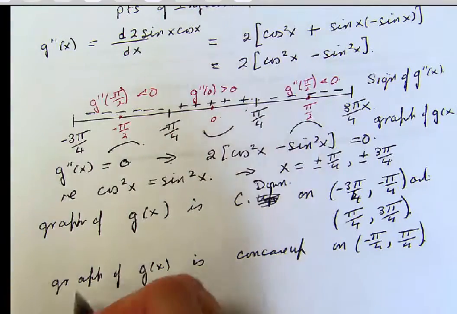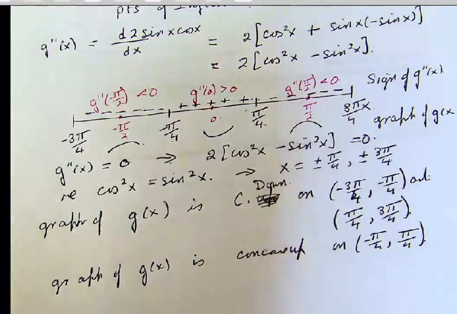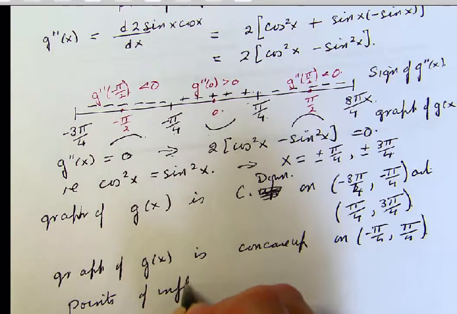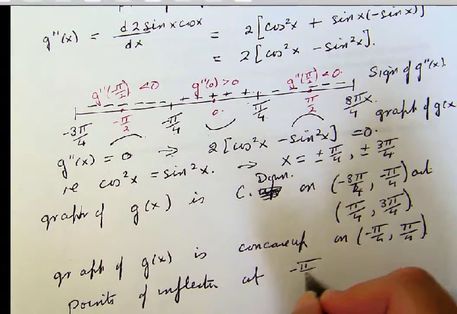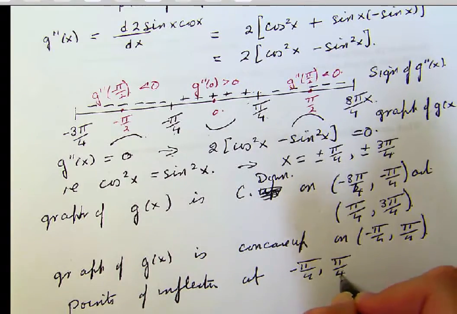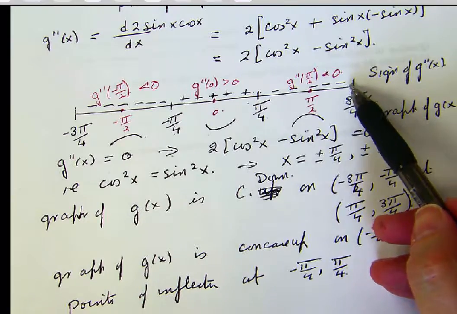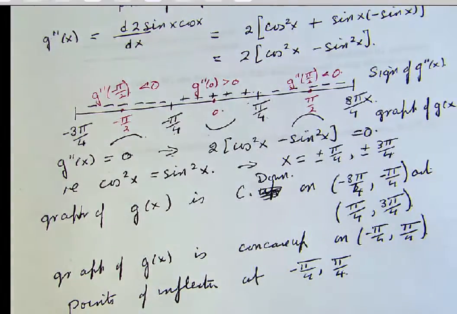And now g double prime switches sign at minus pi over 4 and pi over 4, so we have points of inflection at minus pi over 4 and pi over 4. And at these endpoints, the graph does not continue, so we don't count them as points of inflection.